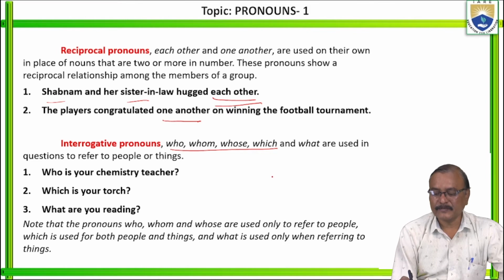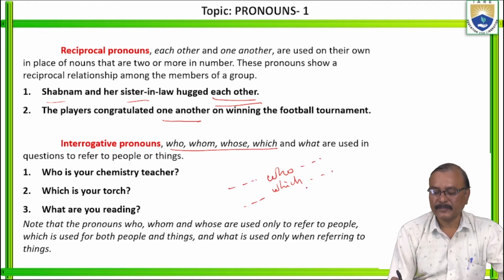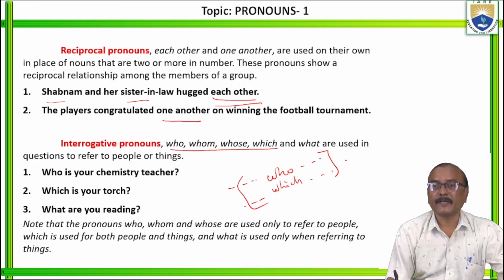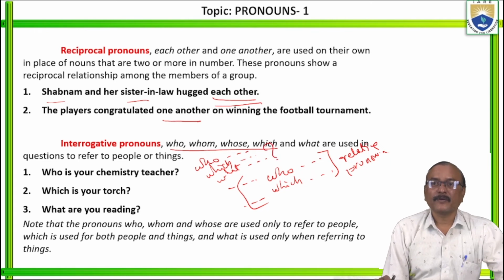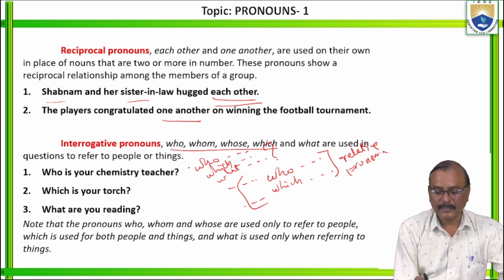Relative pronouns come in between sentences: who, which, what. But if you get who or which, what followed by question marks, these are called interrogative pronouns.